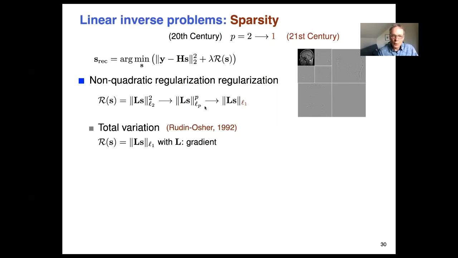And so that works with wavelets, but there's earlier work by Rudin and Osher, very famous, where they actually used the fact that the gradient should be sparse. And if you measure the L1 norm of the gradient, that's called the total variation.